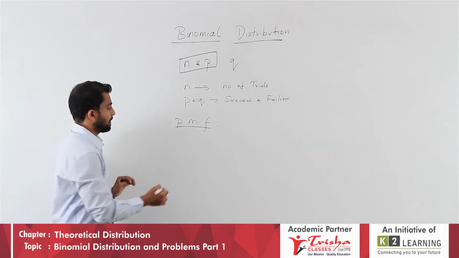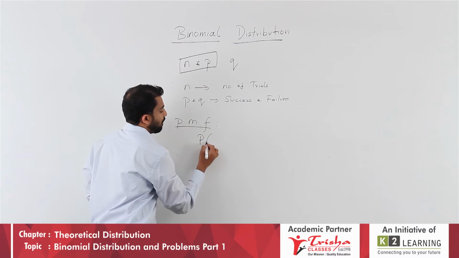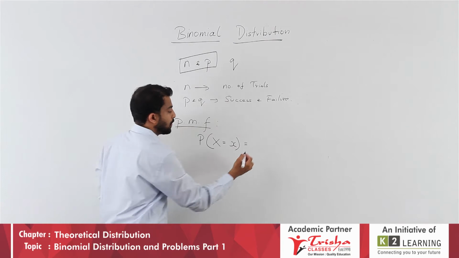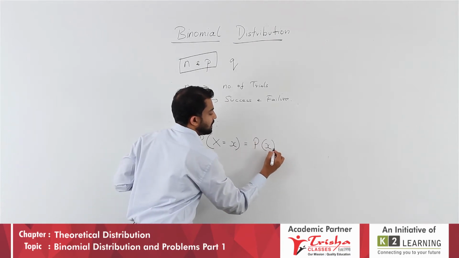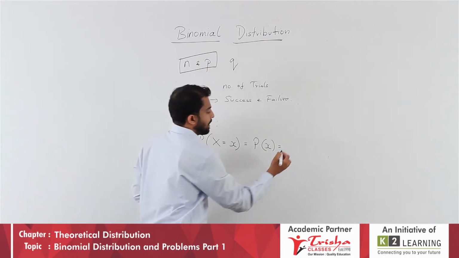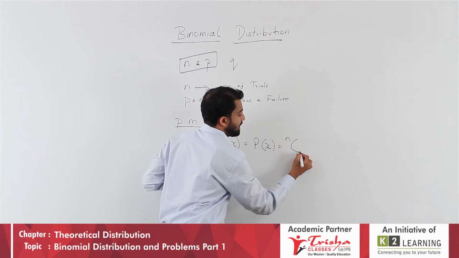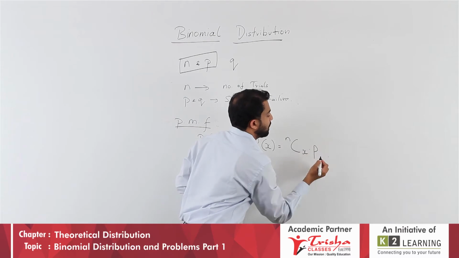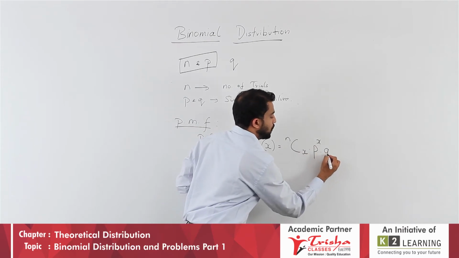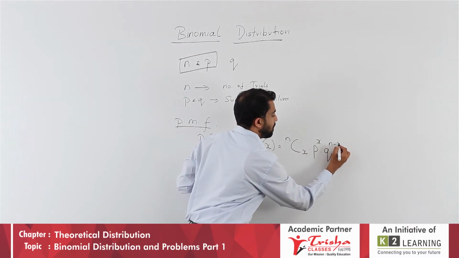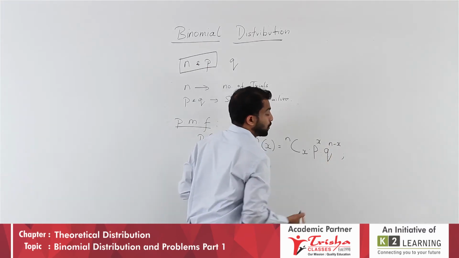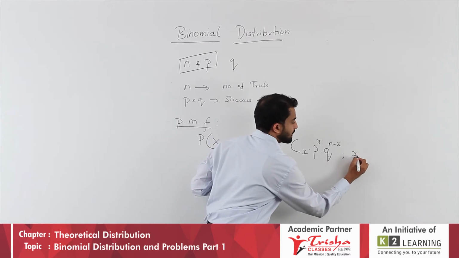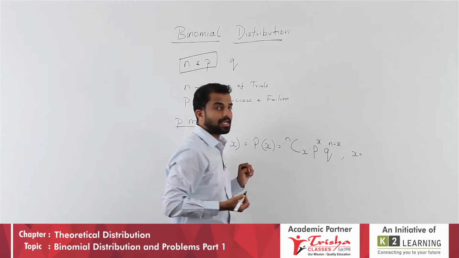It is P of X equals x is equal to the combination nCx into P to the power x into Q to the power n minus x. As usual, don't forget to write the range. Here, what will be the range?